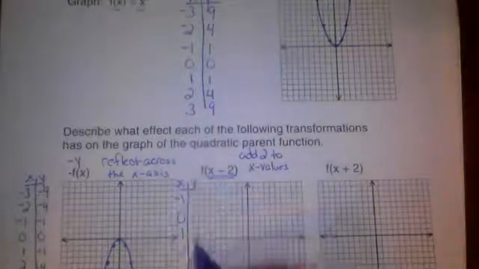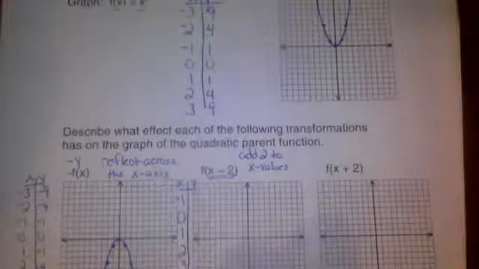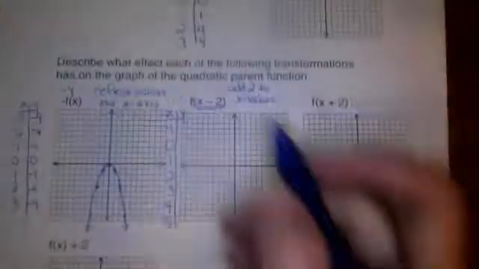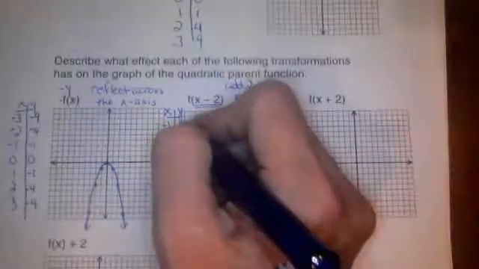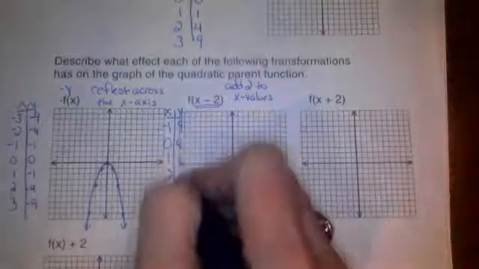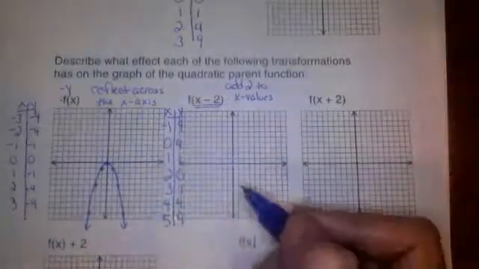We probably see a pattern here. This is going to be 3, 4, and 5. All right, and then our y values are the same. 9, 4, 1, 0, 1, 4, and 9.